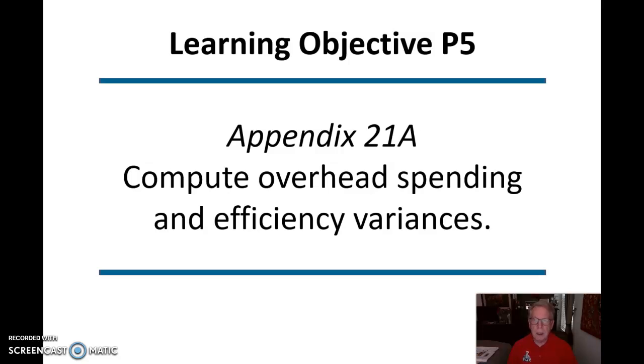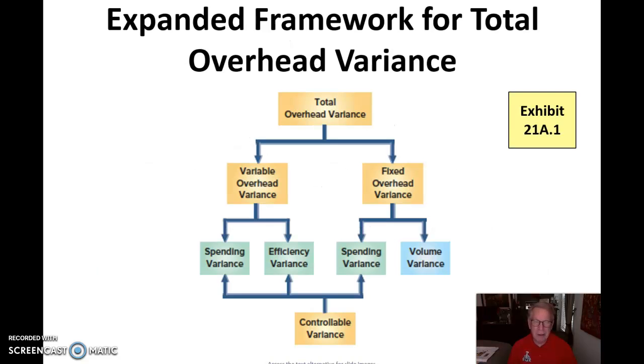All right, overhead spending and efficiency variances. Now we spin out some additional variances here, and so pay really close attention to what you're doing with this chart. This is a great little chart. Here was our total overhead variance, and you'll remember that we spun out our variable overhead variance and our fixed overhead variance previously.